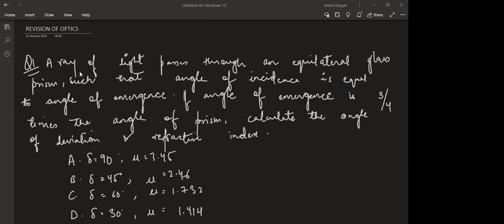So Samaira and Donna have answered. It would be option D. We have done this question already in the class. See here, how to solve this.